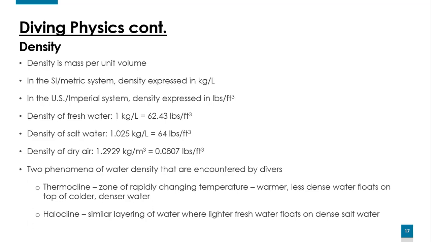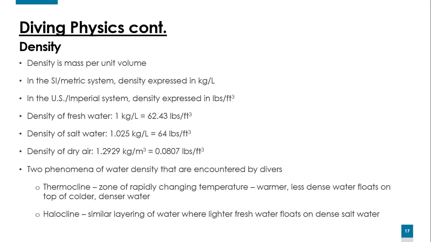Okay, now we'll look at density. Density is mass per unit volume. In the SI system, it's expressed in kilograms per liter. In the US system, or imperial system, it's expressed in pounds per cubic foot.